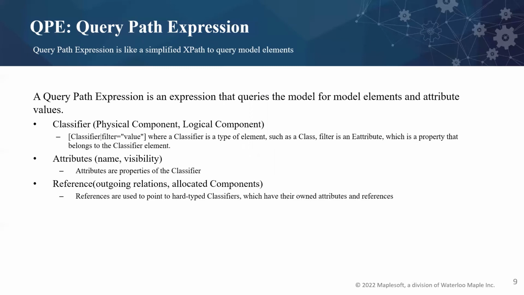Classifier. A classifier is a type of element that we want to bring into the MapleMBSE template, for example a physical component, physical function, or a logical component, and so on.